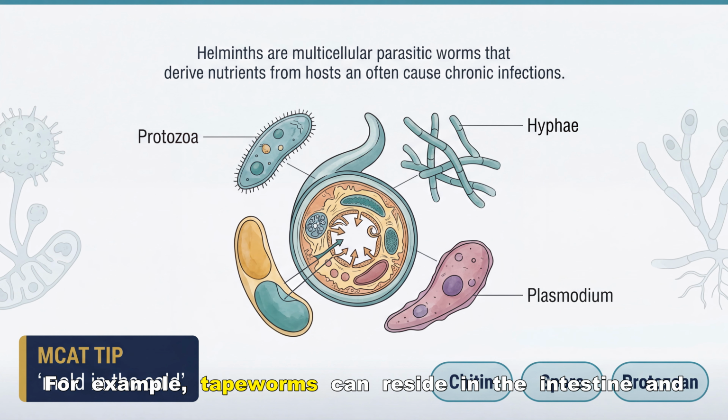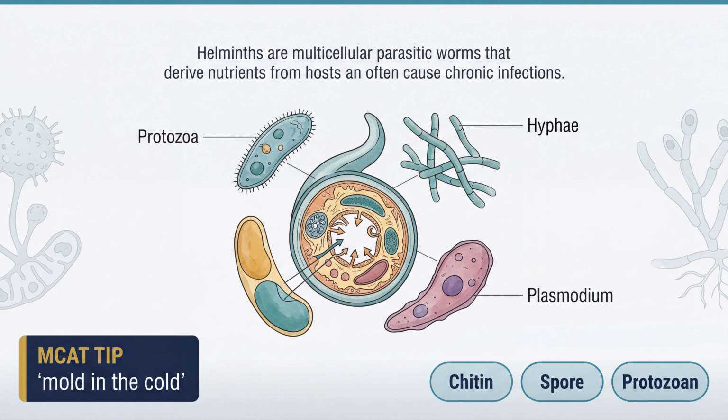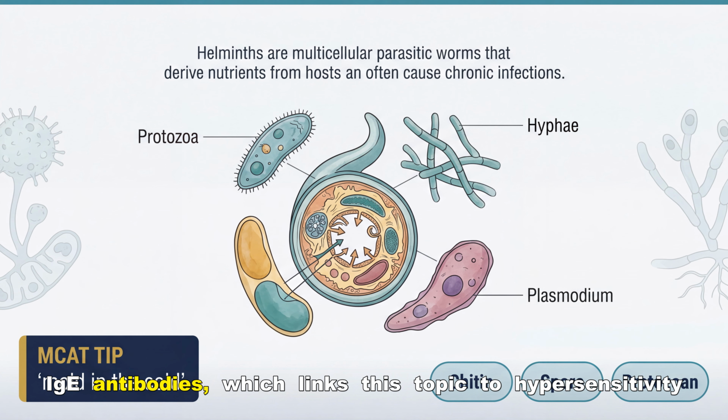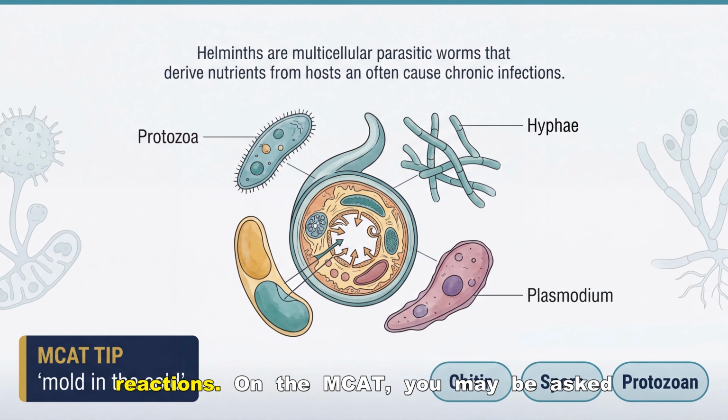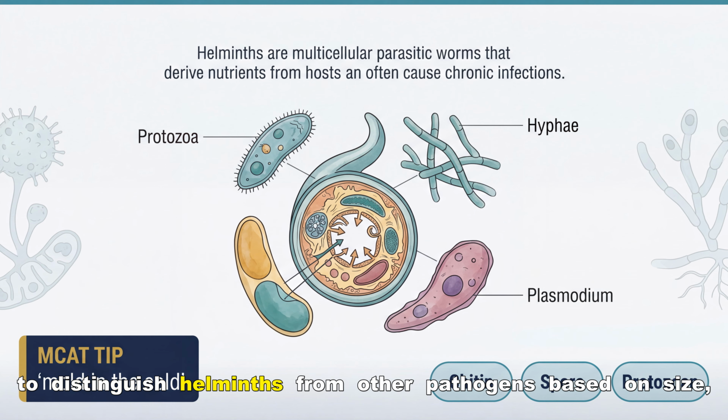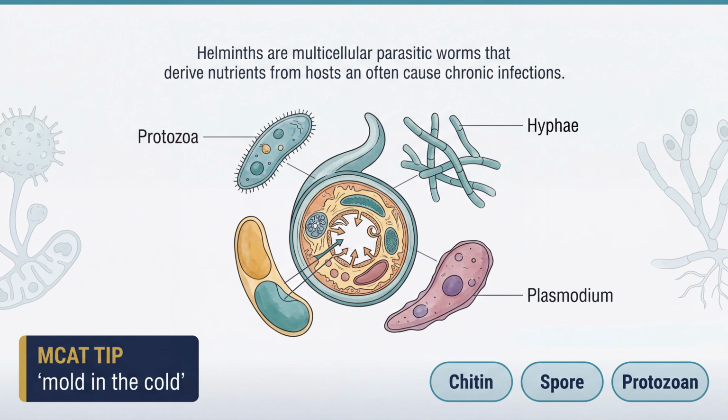For example, tapeworms can reside in the intestine and siphon nutrients, while flukes may inhabit blood vessels or organs. The immune response to helminths is also distinctive, involving eosinophils and IgE antibodies, which links this topic to hypersensitivity reactions. On the MCAT, you may be asked to distinguish helminths from other pathogens based on size, life cycle, or type of immune response.